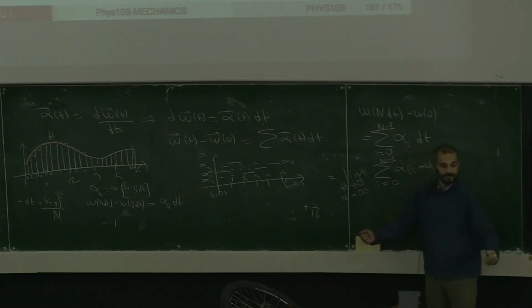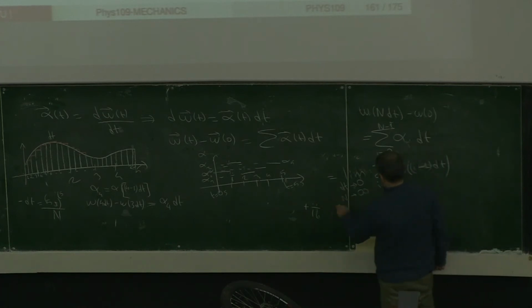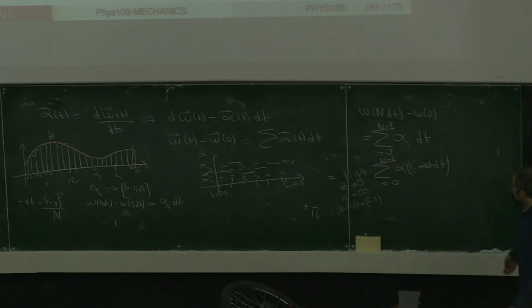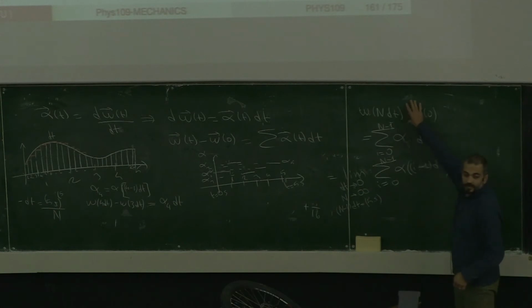I have infinitely many steps between t equal to 0 and t equal to 5, and of course, keeping (n minus 1) dt equal to 5 seconds in our example. That's our total time interval. Well, this is the change in the angular velocity between time t equal to 0 and 5 seconds. In this limit, this will be exact.